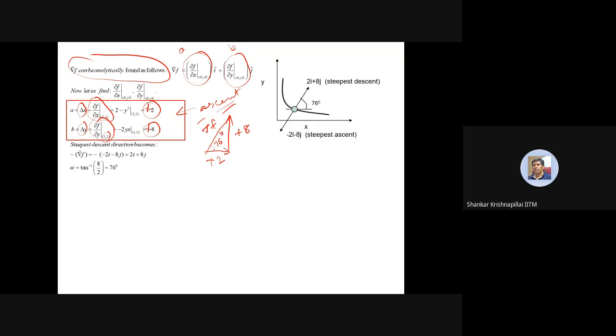I have drawn it here. This is 2i plus 8j, so this is 2, this is 8. This is how you find the direction of del f using computational methods.